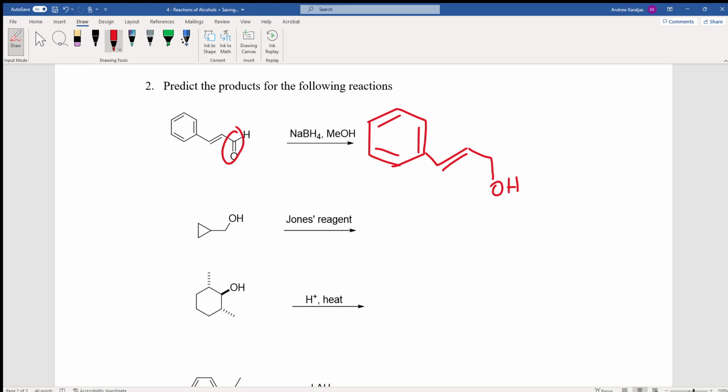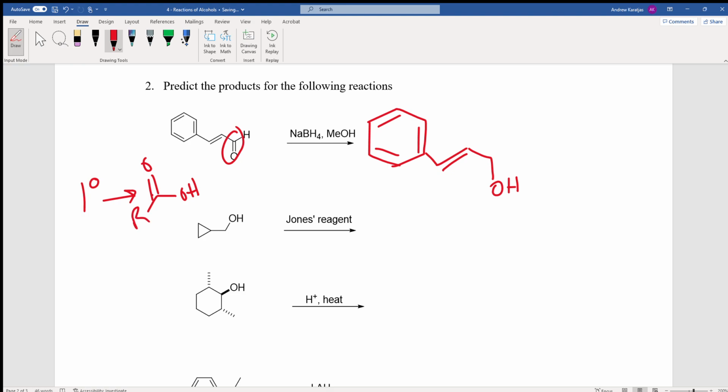Our next part, we have Jones reagent. Jones reagent is an oxidant, and we can have two possible products depending on the type of alcohol that we start with. For Jones reagent, if the alcohol is primary, then typically we're going to end up oxidizing twice all the way to the carboxylic acid.